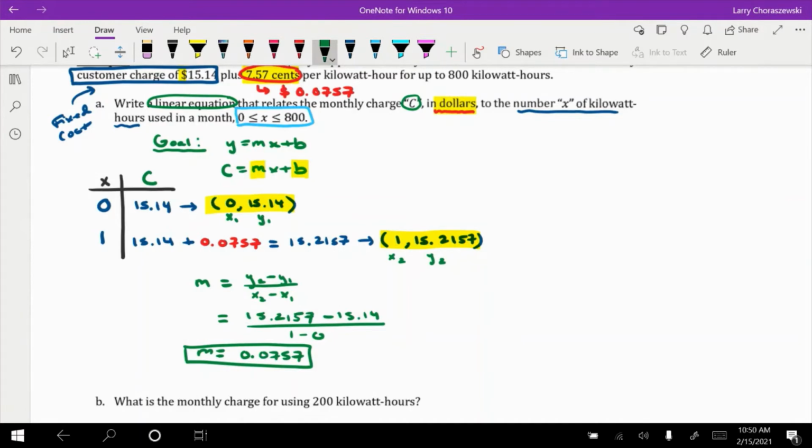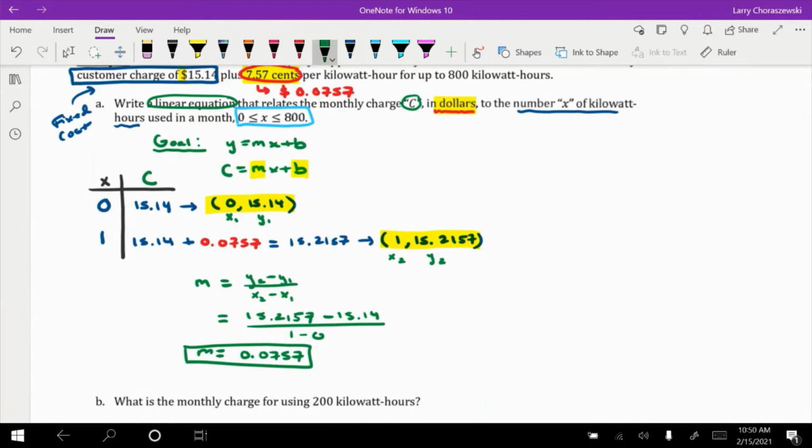Now, we actually have the value of the y-intercept somewhere in our work. Can anybody spot where that might be? Keep in mind the y-intercept is the point with an x-coordinate of 0.